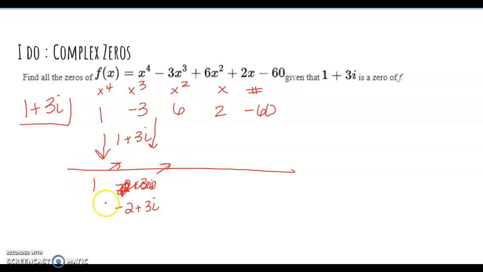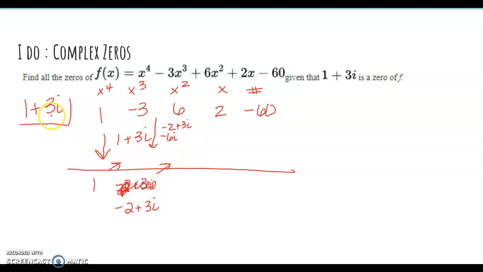Multiply. So you're going to have to FOIL here. So 1 times negative 2 is negative 2. 1 times positive 3i is positive 3i. Negative 3i times negative 2 would give you negative 6i.